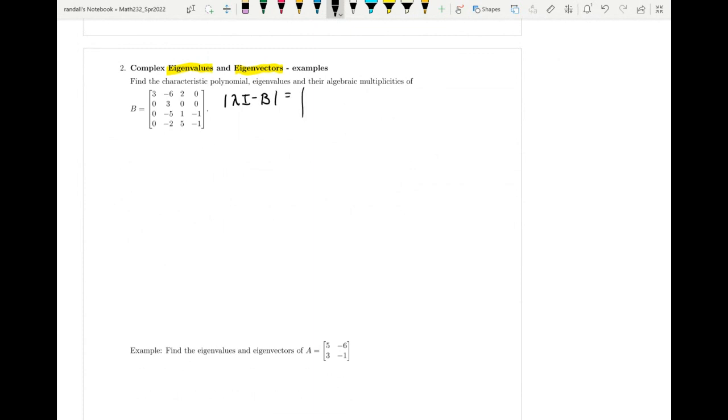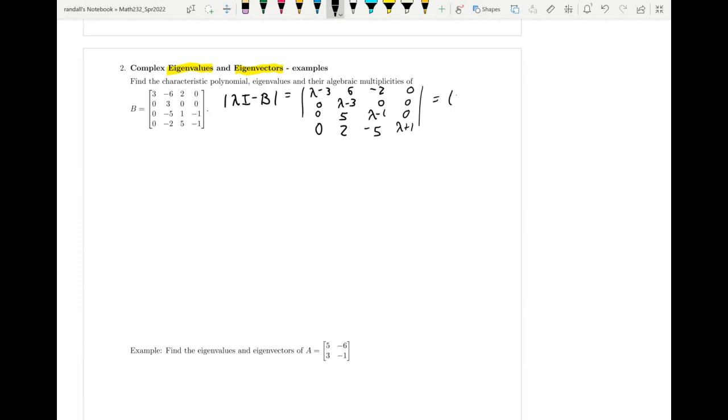So we get lambda minus 3, 0, 0, 0, 6 minus 2, 0 across the first row, lambda minus 3, 0, 0, 5, lambda minus 1, 0, 2 in the bottom row, minus 5, and then lambda plus 1.